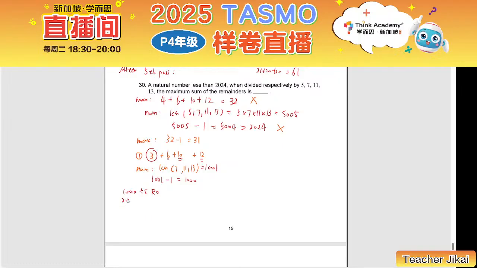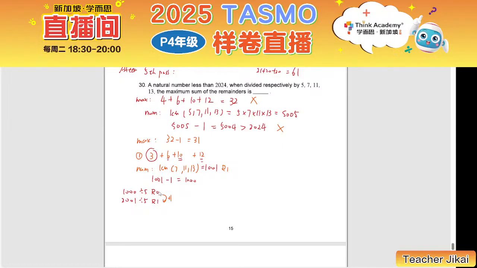It's 2001. Divided by 5, you can see it is remainder 1. And then that's all, right? And we have another way. Every time we are plussing the LCM. So we first calculate 1001 divided by 5, it has how many remainder? Remainder 1. So 1000, remainder 0. We just plus 1 here.